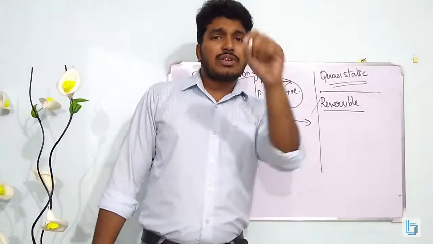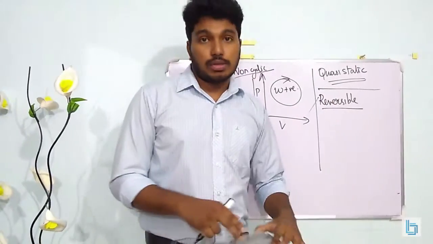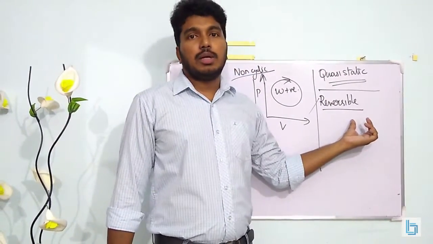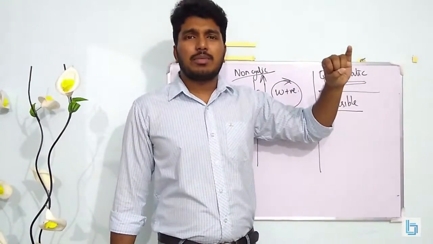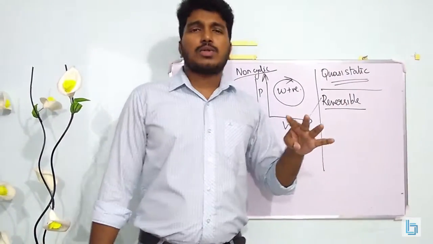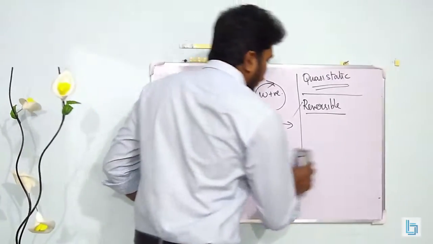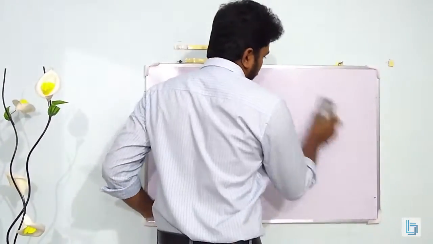A process in which the retracing is not possible, we call an irreversible process. I hope it is clear. So remember these terms we have learned: cyclic process and non-cyclic process, reversible and irreversible process, and also the quasi-static process. Now let's move on further and learn about what is a heat engine.